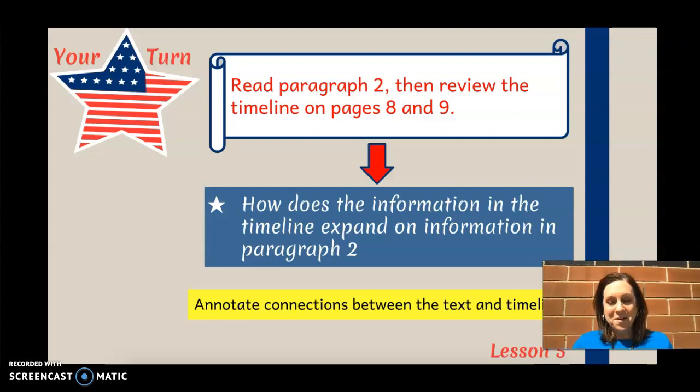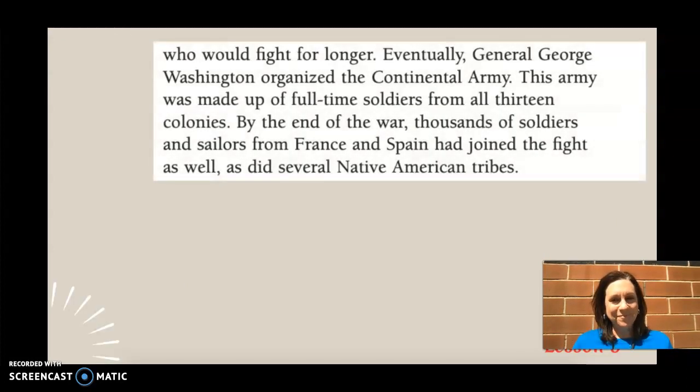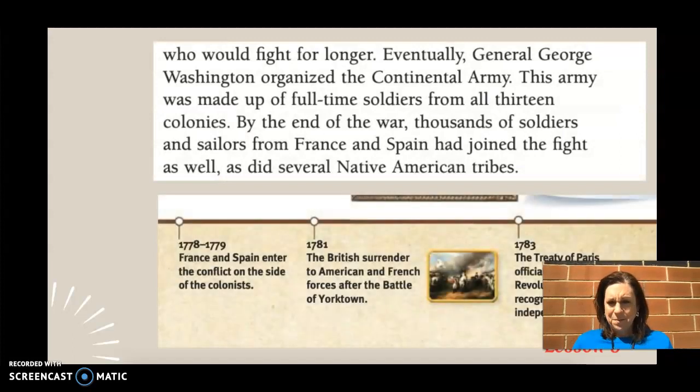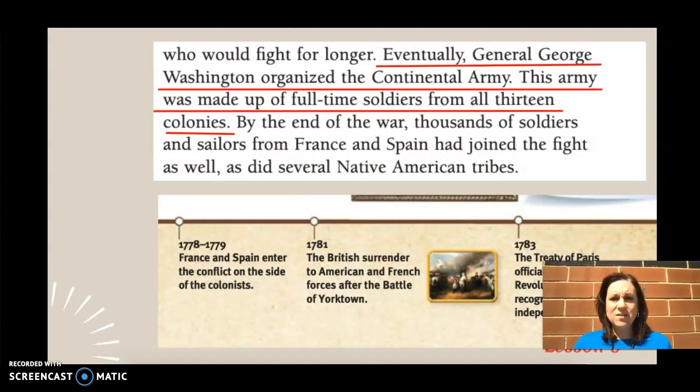Okay, welcome back. All right, let's take a look. I underlined, and you should have too, that eventually General George Washington organized the Continental Army. This army was made up of full-time soldiers from all 13 colonies. What we know from the timeline, 1778 to 1779, is that France and Spain enter the conflict on the side of the colonists.